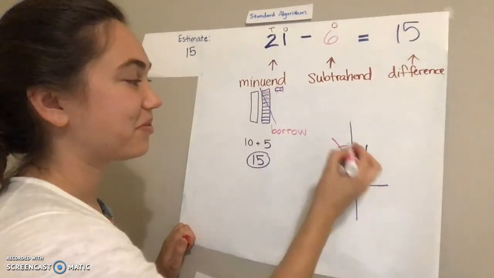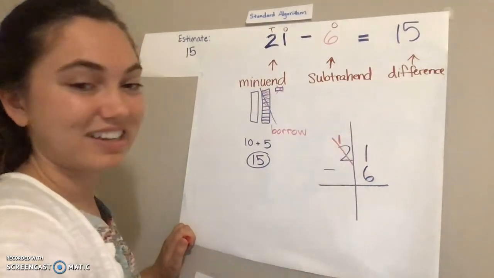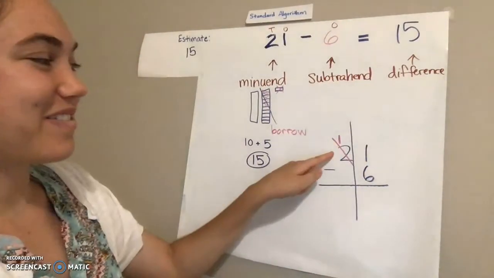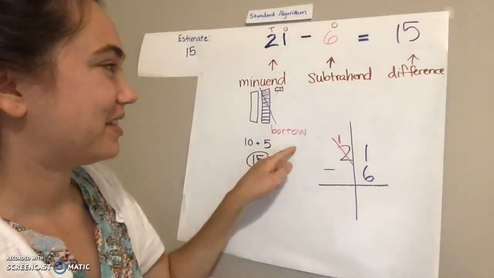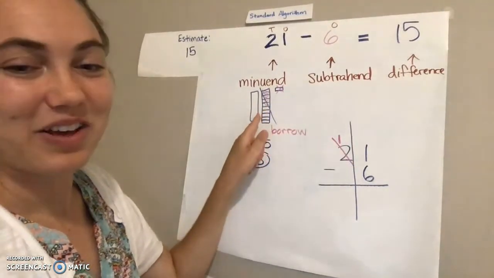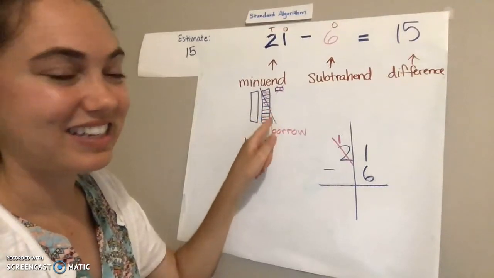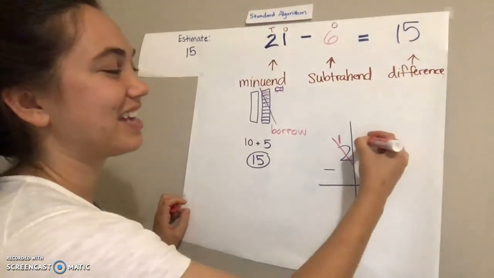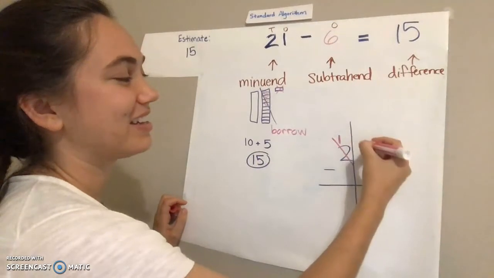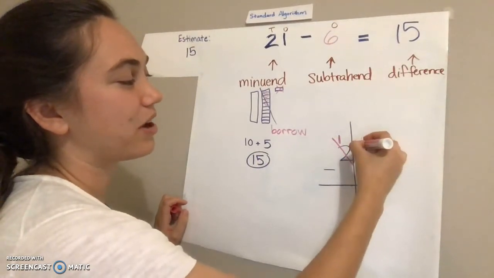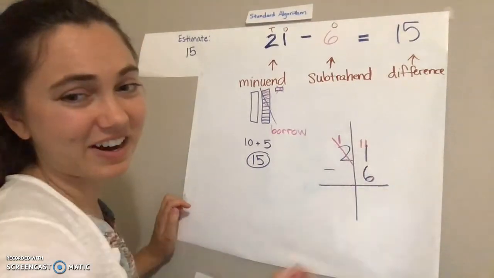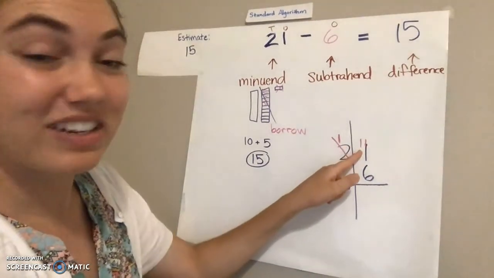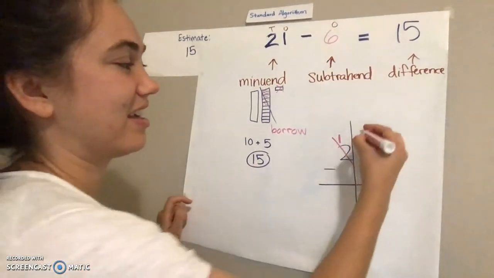But now we are able to regroup. So when we borrowed, we got some extra ones. So we can now bring the 10 back over here. So we will add a 1 for our 10, and we knew that this 1 was already here. So our number here is now 11.